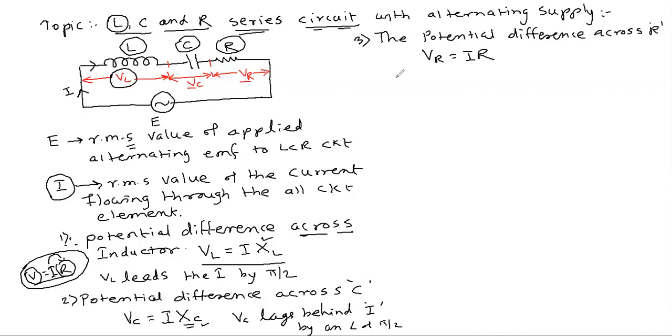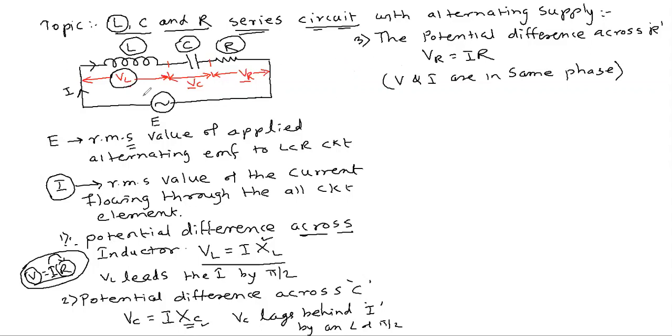In this case, both the voltage and the current are in the same phase. So about all these relations, what about the current and voltage, which is lagging behind, which is leading, and both are in the same phase, that means there is no phase difference. Already we have derived all these things in the previous lectures.